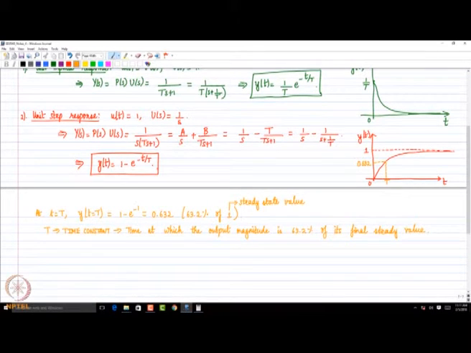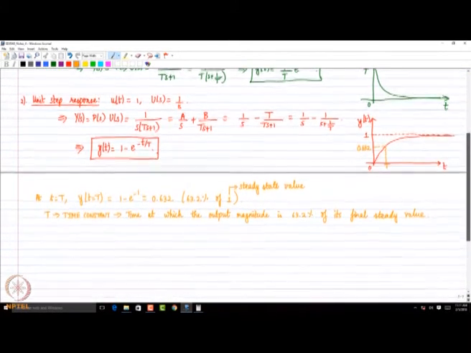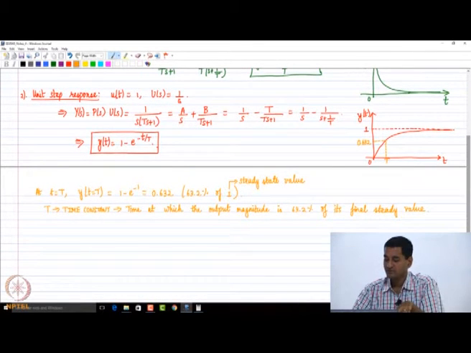I don't want to keep writing the same thing again and again. Our premise is that we are dealing with a stable first order LTI causal system. For that class of system, the parameter capital T is called the time constant, and it's defined as the time at which the output magnitude becomes 63.2% of its final steady state value.